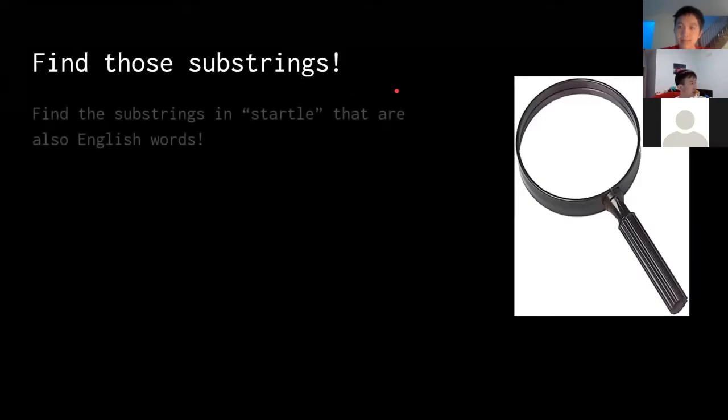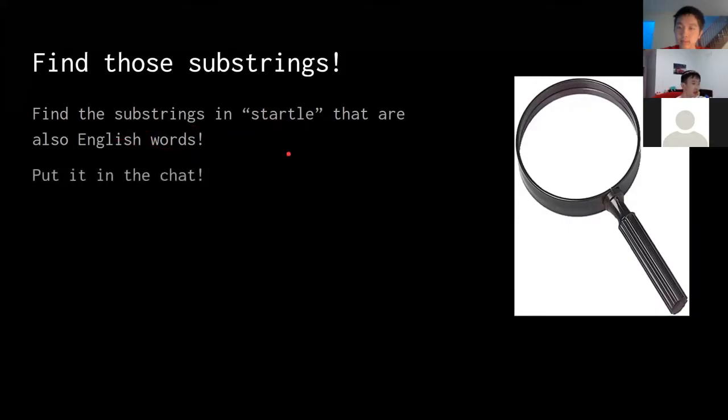So, finding substrings. Inside the string startle, find substrings that are also English words. Put them in the chat. Anyone? Start, yes. Star, yeah. Art, yeah.